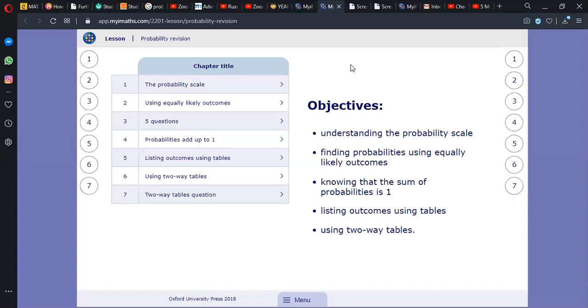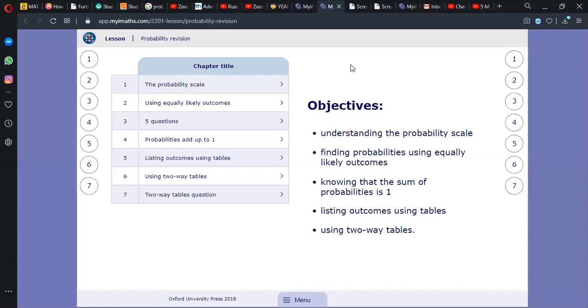Okay. In this revision, the objectives are understanding the probability scale, which we've treated already, and finding probabilities using equally likely outcomes. That's when you want to deal with theoretical probabilities, the real calculations. Students are also meant to know that the sum of probabilities is 1.